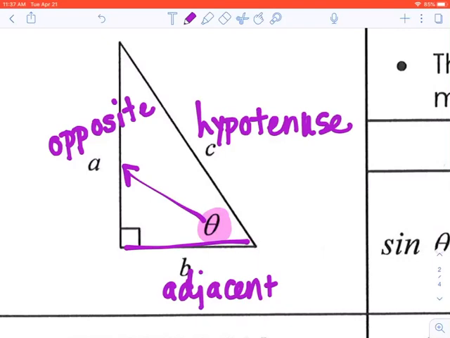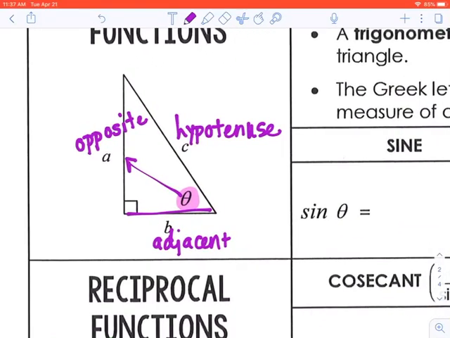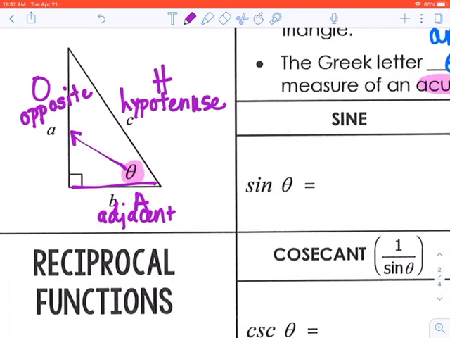Okay? And so from this angle, you have an opposite piece, you have an adjacent piece, and then you have the hypotenuse. Okay? And so in SOHCAHTOA, the O is the opposite, the A is the adjacent, and the H is your hypotenuse. Okay? And so let's define. Sine is the SO part, the O and the H. Okay?